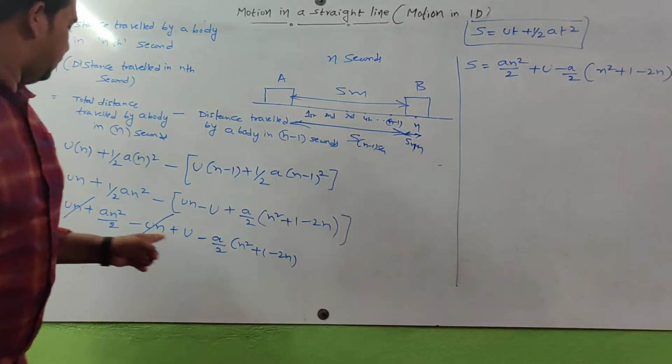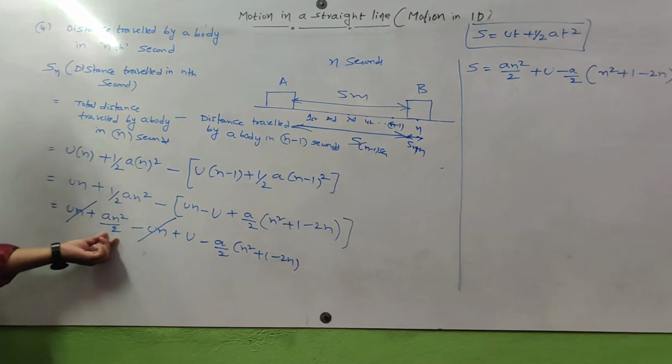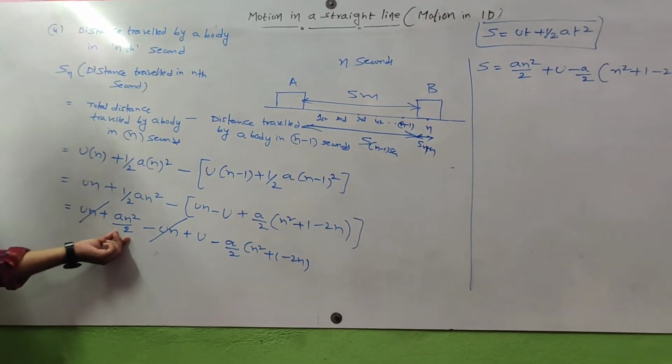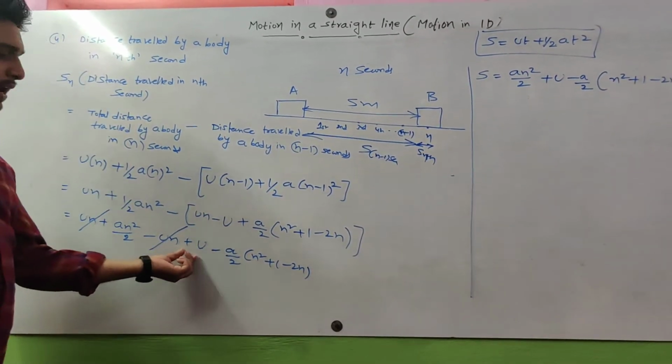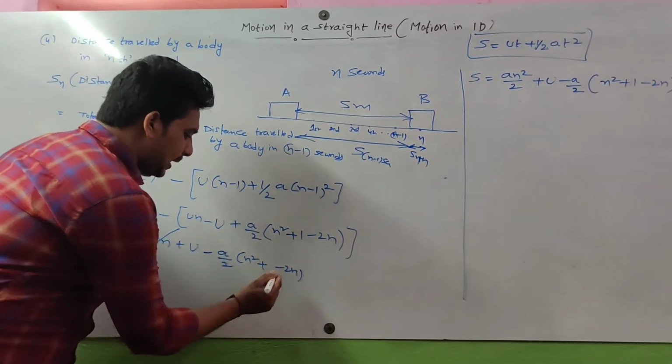Plus un minus un cancelled. What is left here is an square by 2 plus u minus a by 2 into n square plus 1 minus 2n.